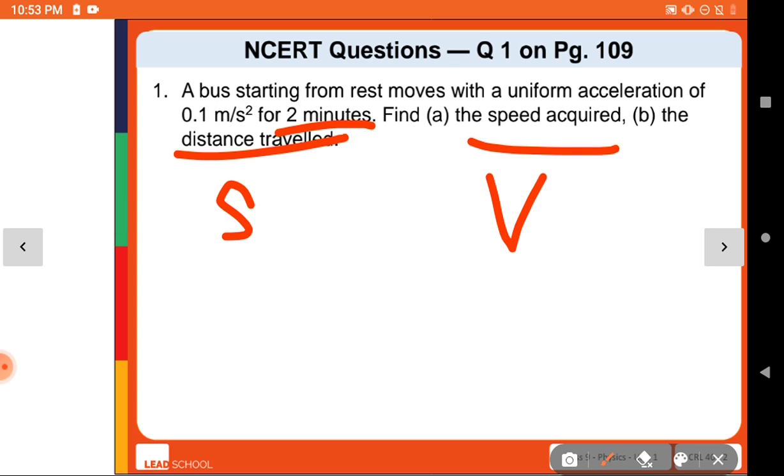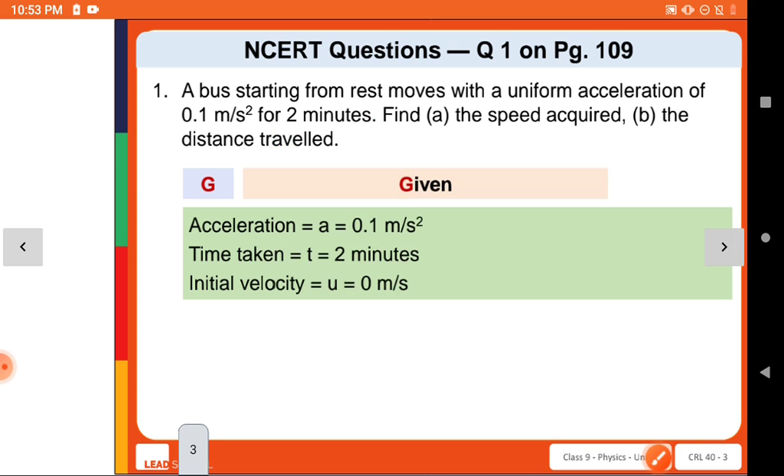So we need two different equations. We have acceleration, time and initial velocity.